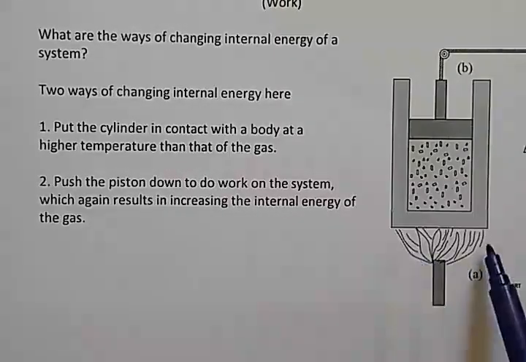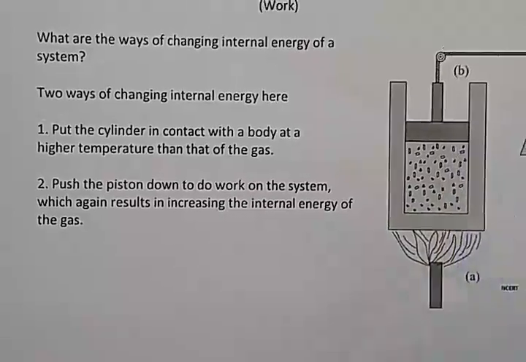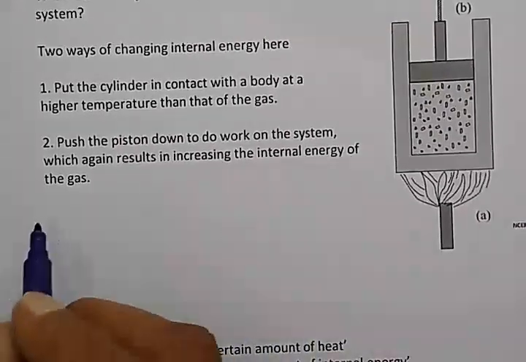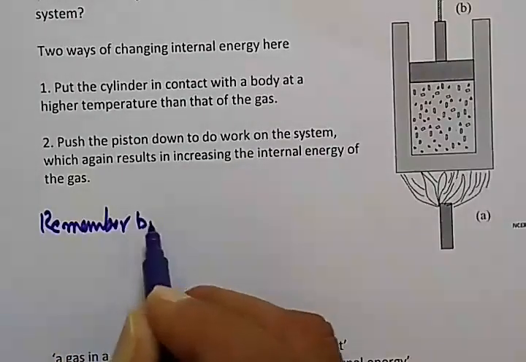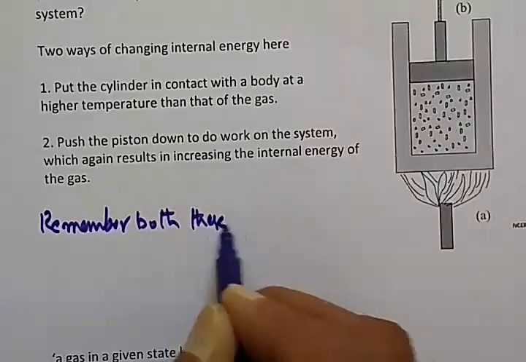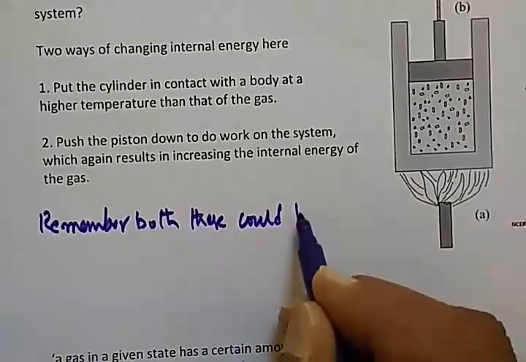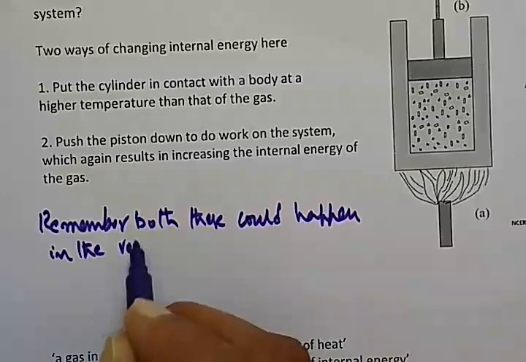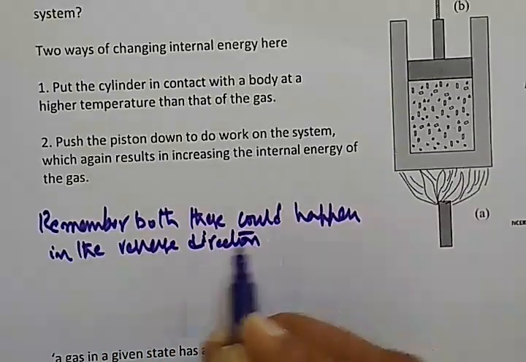Suppose the temperature outside is cold, heat can flow from inside to outside, and similarly with the pressure. So let us write some of the points which we understood now. Remember, both these could happen in the reverse direction.